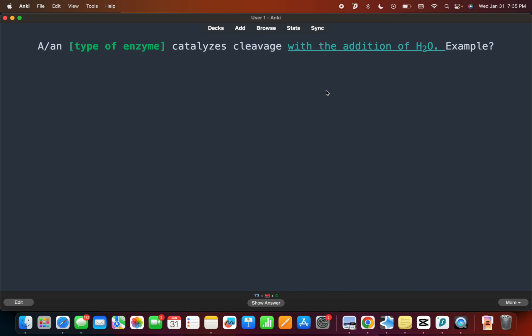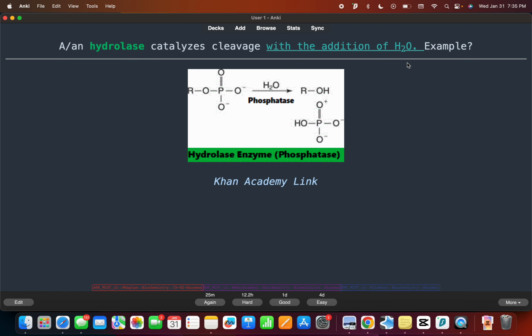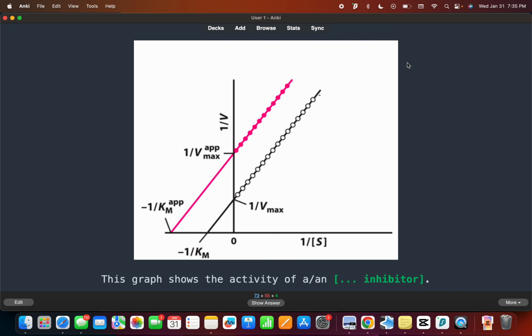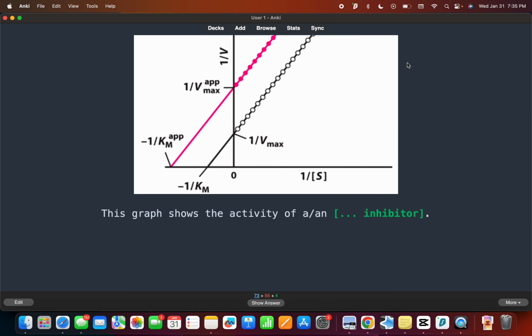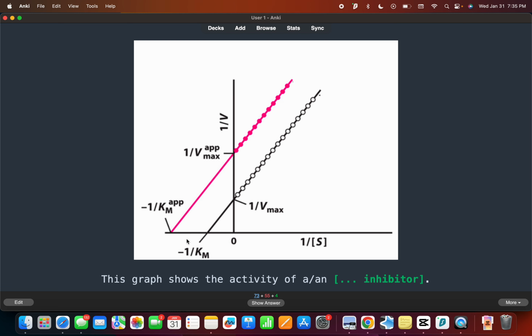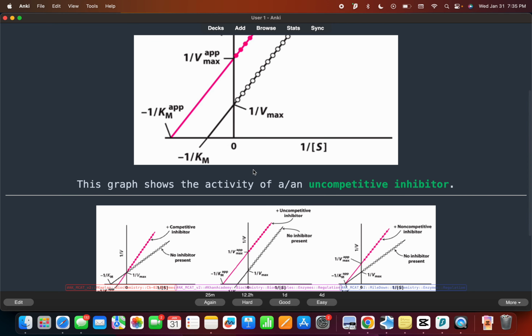What catalyzes cleavage with addition of water? Hydrolase, and the example would be phosphatase. Nice, finally. This graph shows the activity of what inhibitor? Both Vmax and Km have decreased because they're higher, so it's uncompetitive inhibitor.